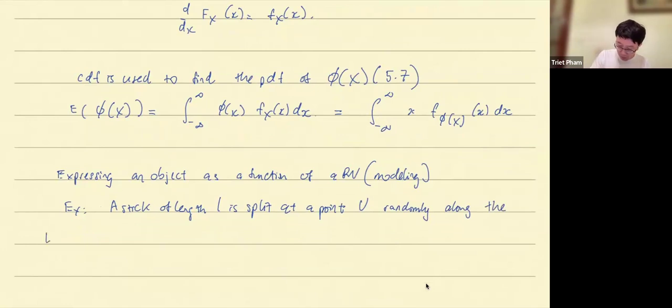This is the wording that, without further qualification, means uniformly along the length. Meaning U is a uniform random variable from 0 to 1, because the length is 1.